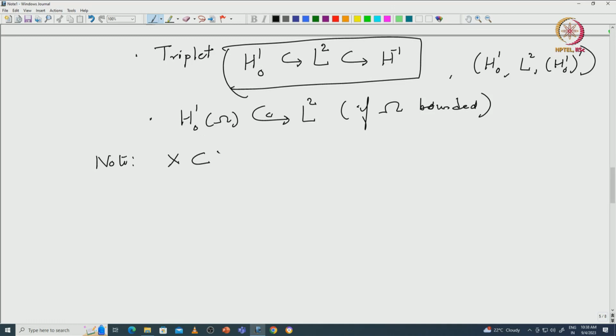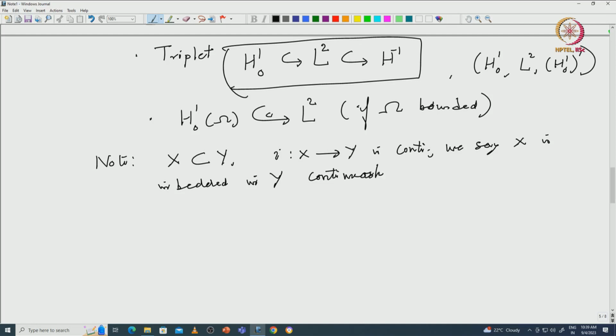Suppose X is contained in Y and the injection I from X to Y, the identity mapping, is continuous, we say X is embedded in Y continuously, and we denote this by X ↪ Y. If the embedding is compact, that means the identity is a compact operator, we say it is embedded compactly, and then we denote it with this notation.